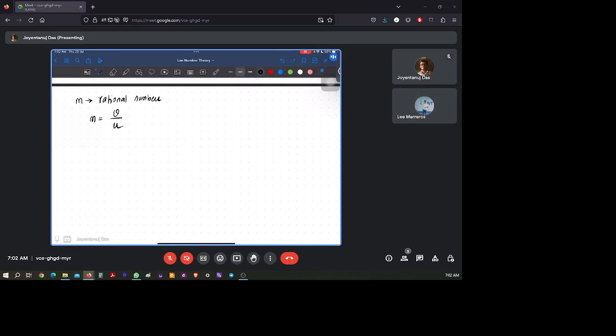Then our coordinate is like this: 1 minus m square over 1 plus m square, and 2m divided by 1 plus m square.